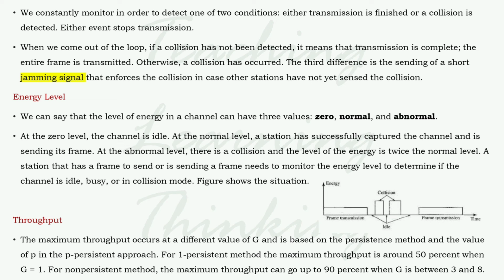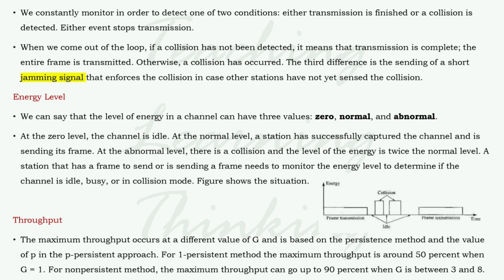A station that has a frame to send or is sending a frame needs to monitor the energy level to determine if the channel is idle, busy, or in collision mode. The figure shows the situation: energy level and time, frame transmission, idle, and the collision. This is the figure showing energy levels.